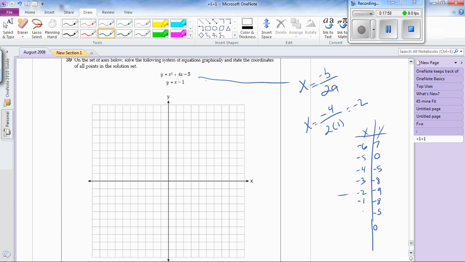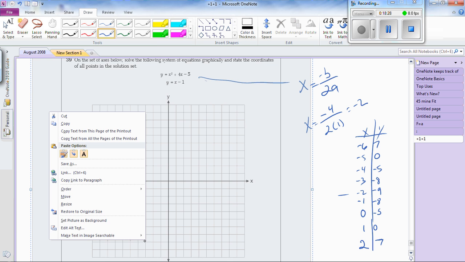Negative 1 is negative 8. 0 is negative 5. 1 is 0, and 2 is 7. Negative 6 is 7. Negative 5 is 0. Negative 4 is negative 5. 1 is 0, 2 is 7.